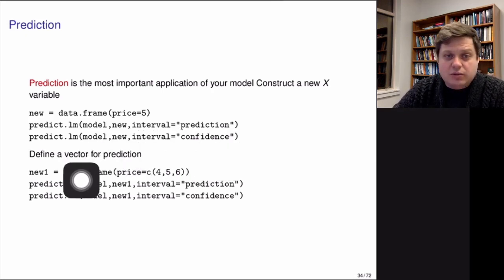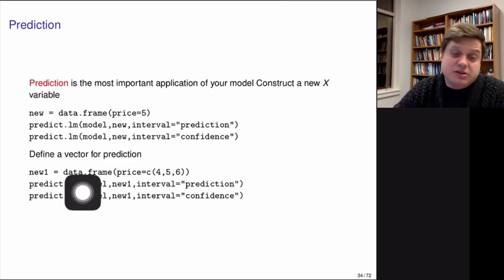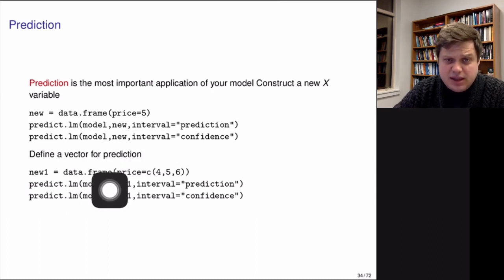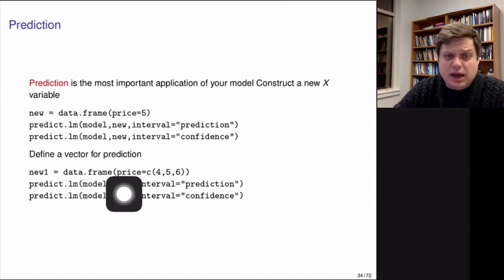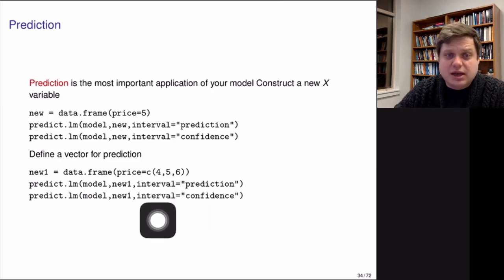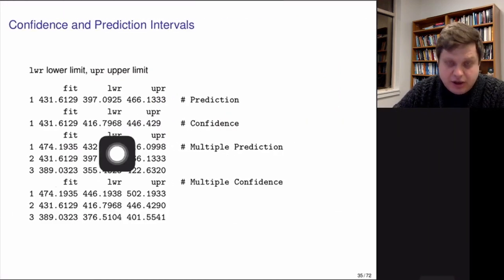You define the new input as a data frame. So here we specify price 4, 5, 6. We want to generate predictions for three different values of price, and we generate the prediction and the confidence interval. And that's how the output looks.